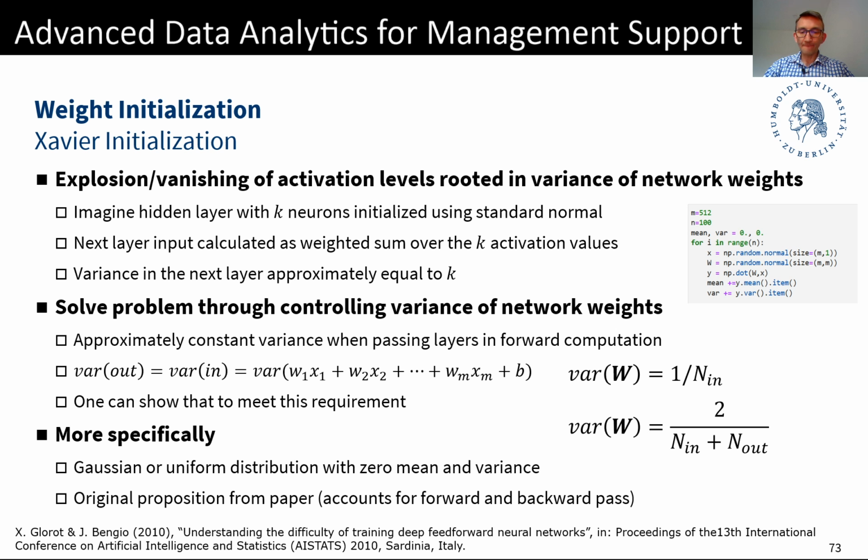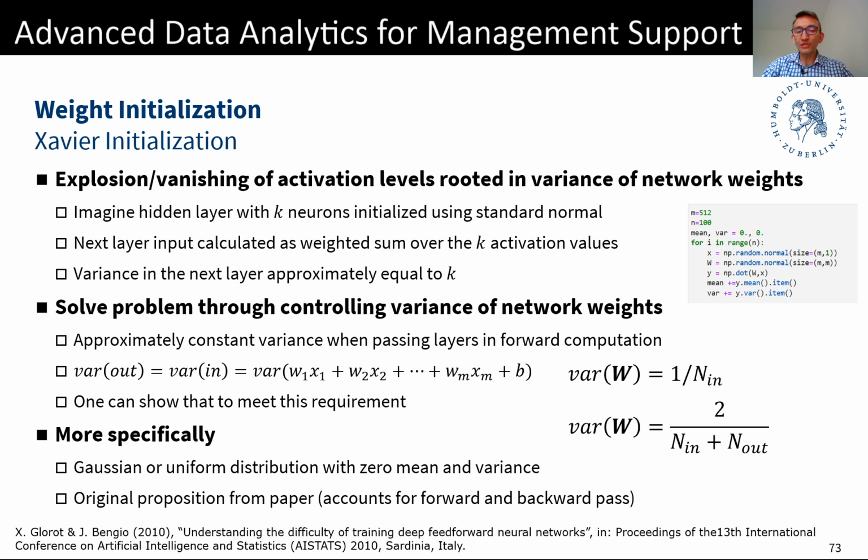And that is basically a way by just initializing the weights such that they obey this normalization of the variance, you can fight this explosion or vanishing of the activation levels in deep neural networks. You just account for the number of incoming and outgoing connections.